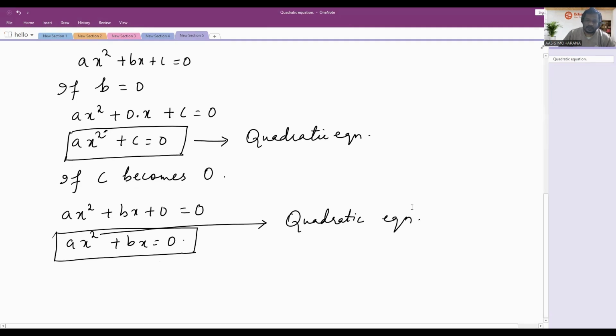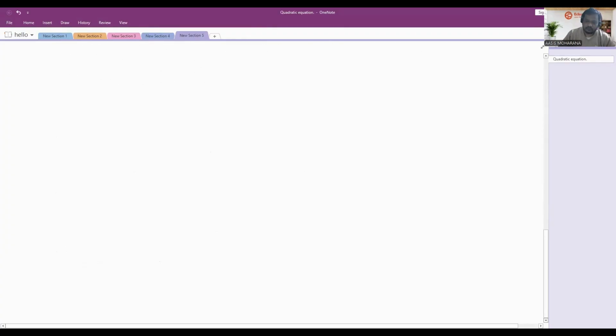So let's see some examples, and you have to tell me whether the following are quadratic equations or not. First, let me ask you one. 7x square plus xy minus 5y square is equal to 0. Pause the video here and tell me whether this equation is a quadratic equation or not.